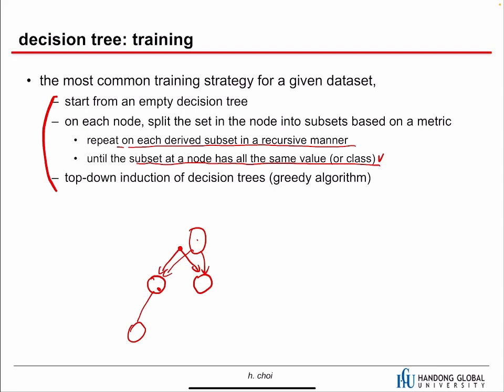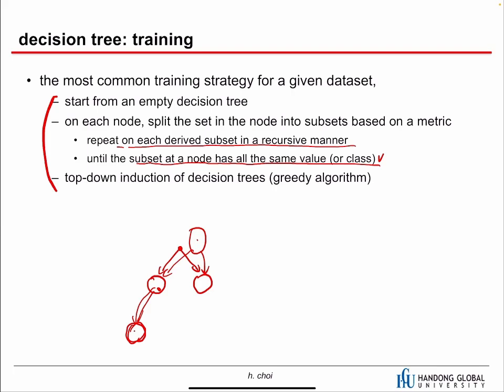So whenever we fall into this subset based on this tree, we can classify without any problem, because in this subset, all the training samples are in the same class. So when we have a new test sample, if the new test sample is in this subset, then it can be classified into the same class.